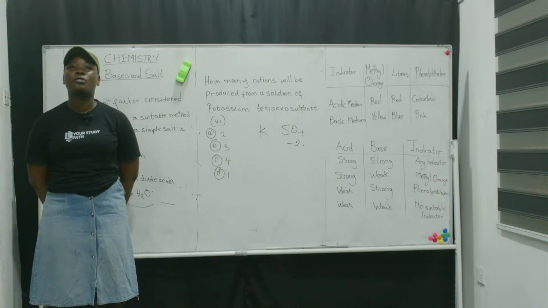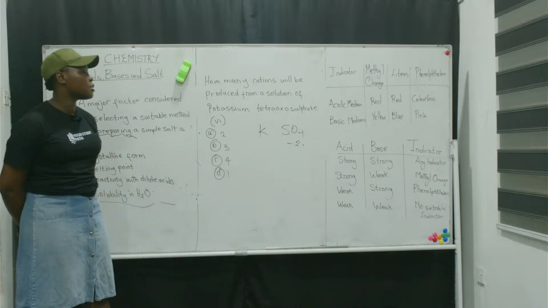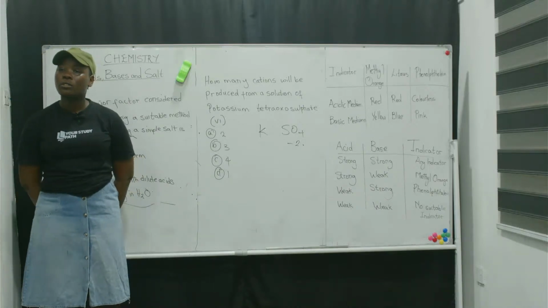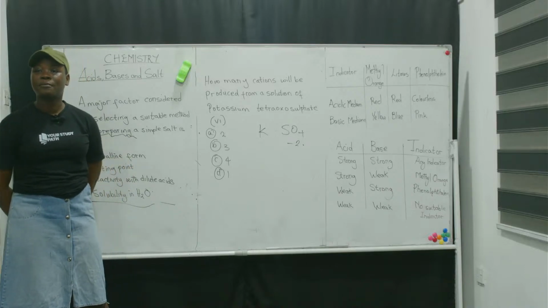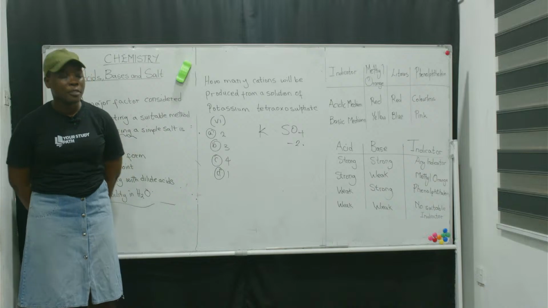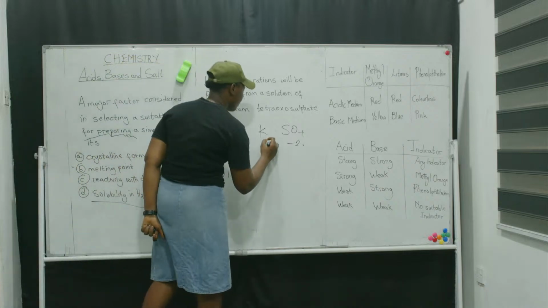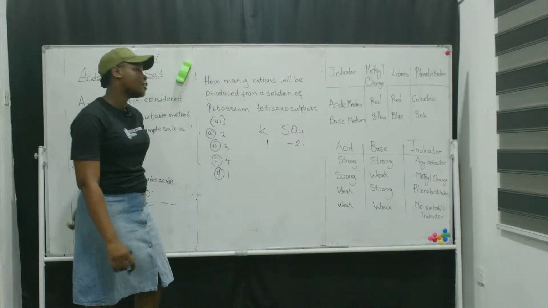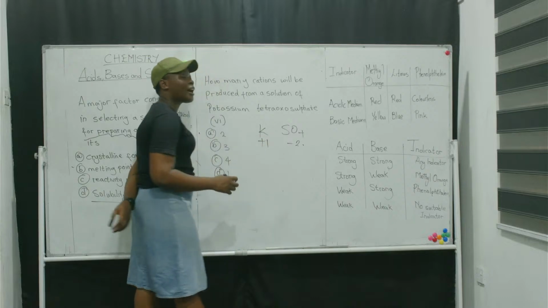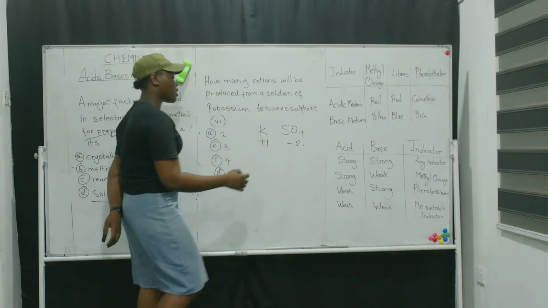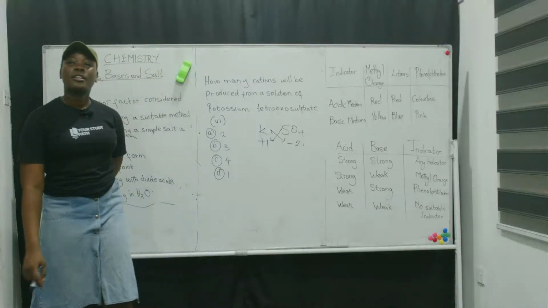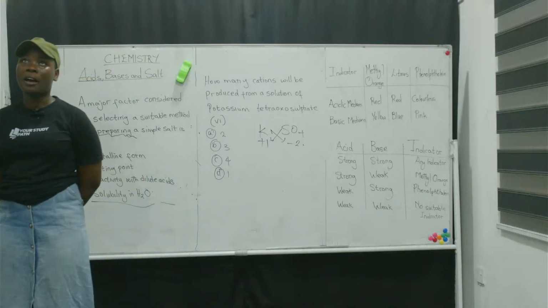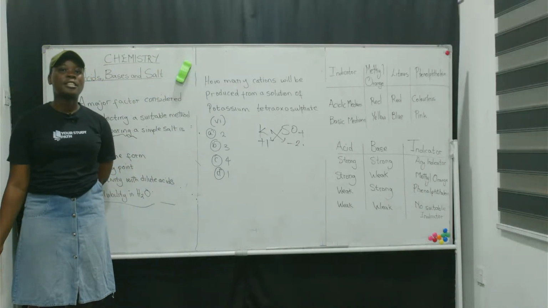Potassium is in what group? Group 1, group 2, group 13, group 14, group 17. Potassium, element 19, is in group 1. This will be positive. In this class, we've spoken about writing chemical formulas and writing their names.